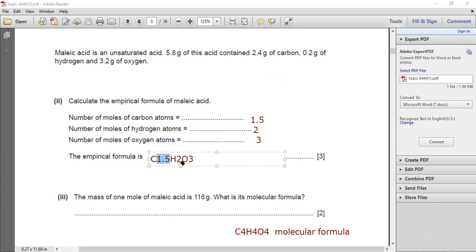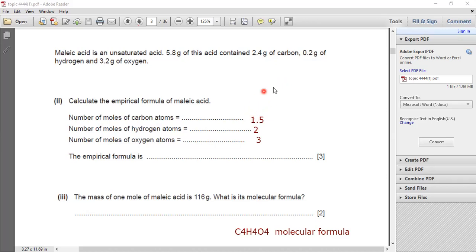Who can tell me? In this case, what should I do? Mark, yes. Multiply by a suitable number. So, for example, 1.5 multiply by 2, and 2 multiply by 2, 3 multiply by 2. In this case, if you have a decimal, try to convert this decimal to a whole number.